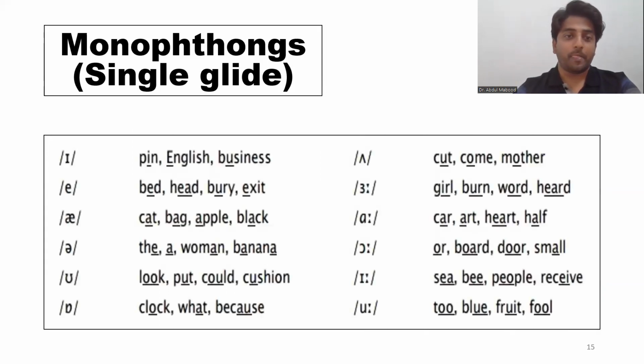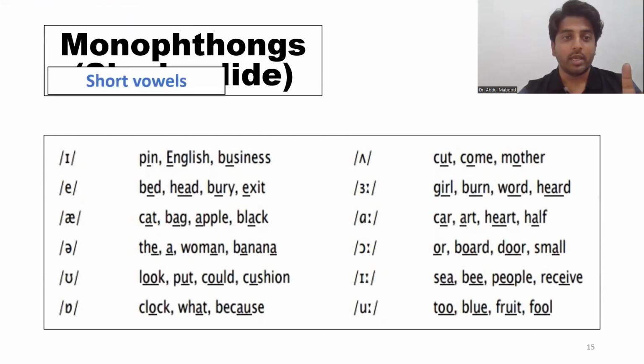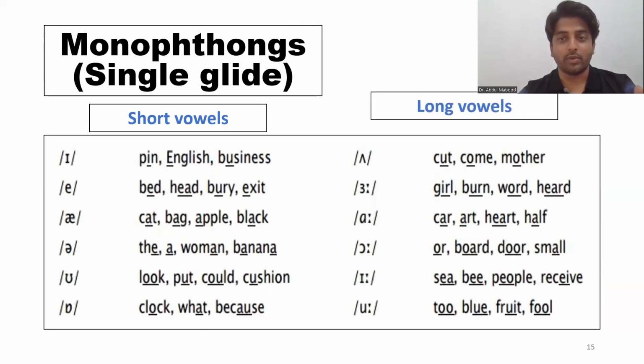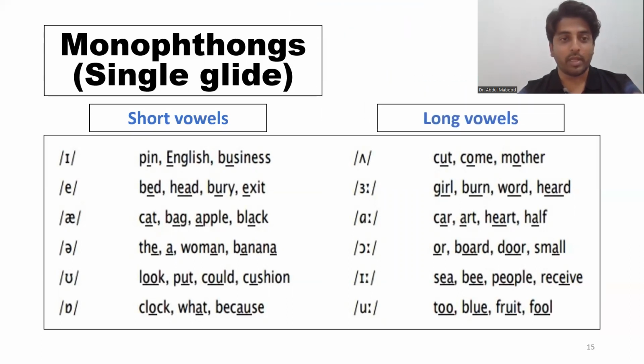See, these are the sounds coming out of five vowels. Here on the left side we have short vowels, and on the right side we have long vowels. So first read the vowels on the left side. First one is I, as it is used in the word pin. In English, it is very short.